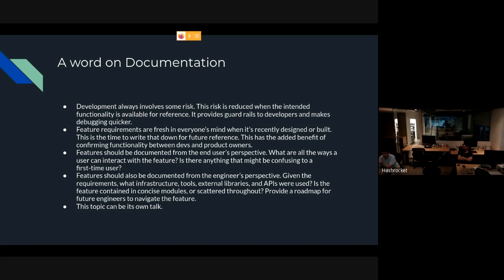Features can be documented from the end user perspective. How does it work through the UI? Essentially, what are all the ways a user can interact with the feature? And are there any edge cases that might be confusing to a first-time user? It could also be documented from an engineering architecture perspective, depending on if you have the time and resources to do it.